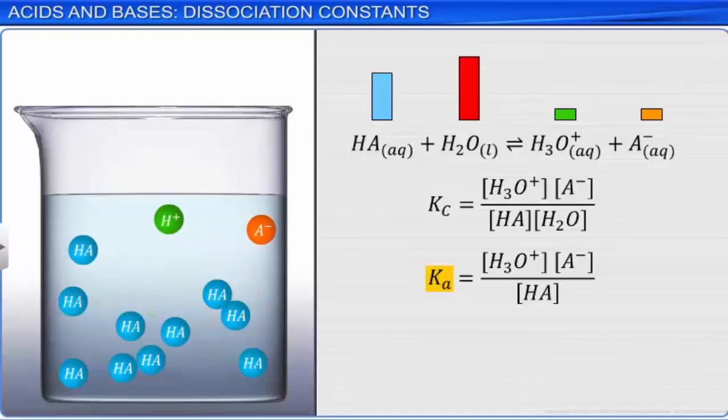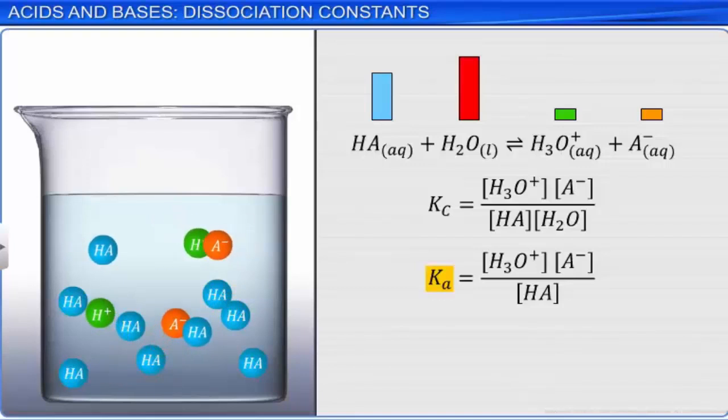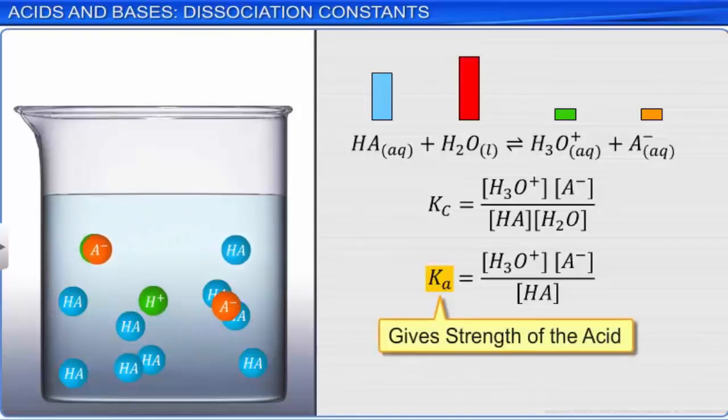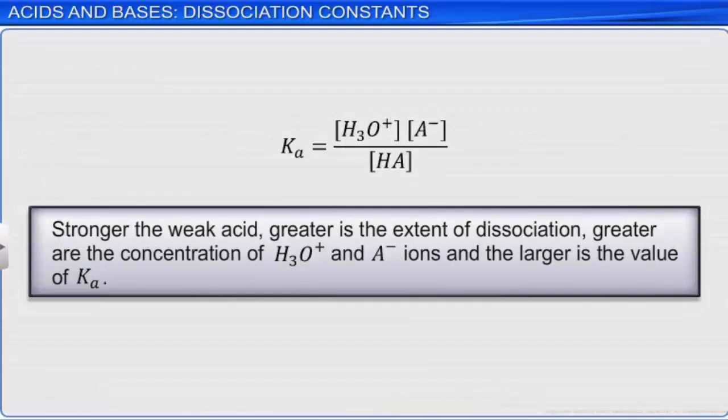In other words, the strength of the acid. The stronger the weak acid, the greater is the extent of dissociation, the greater are the concentrations of H3O+ and A- ions, and the larger is the value of Ka.